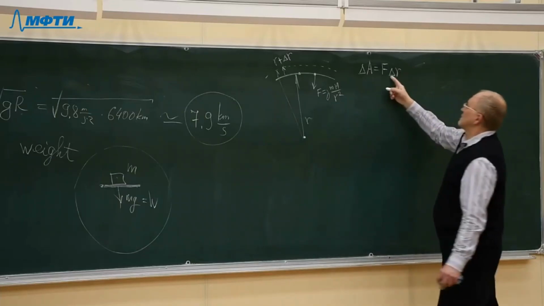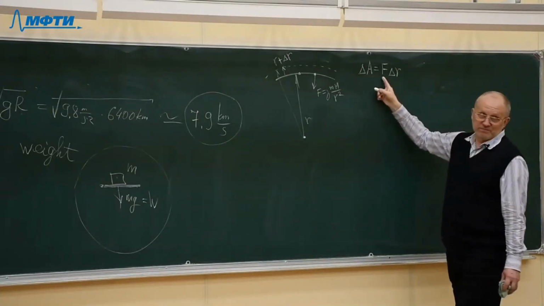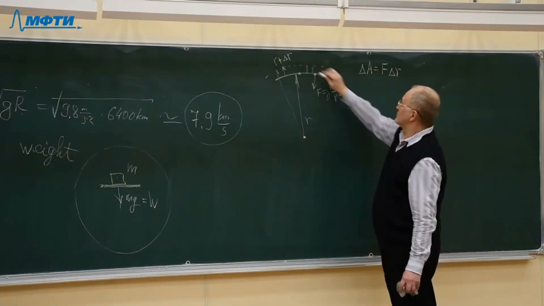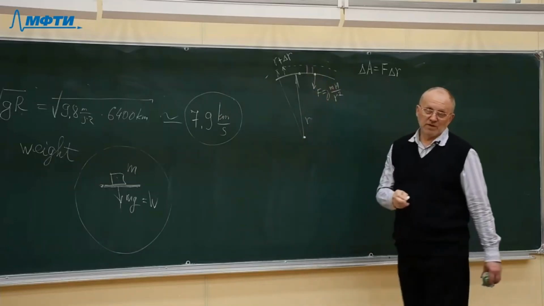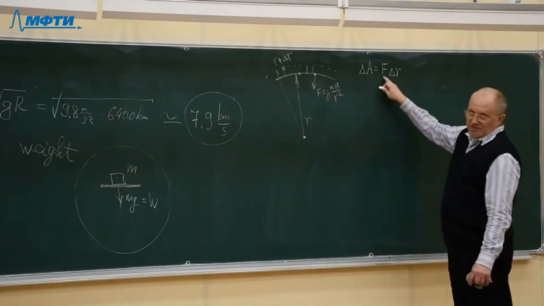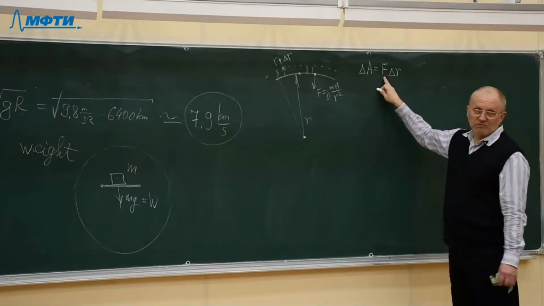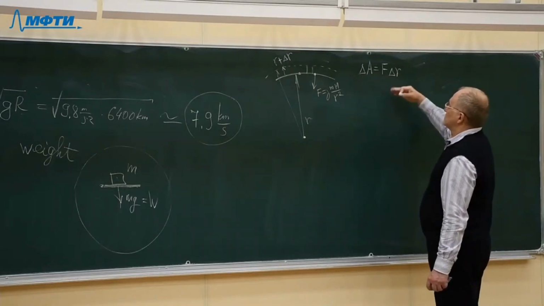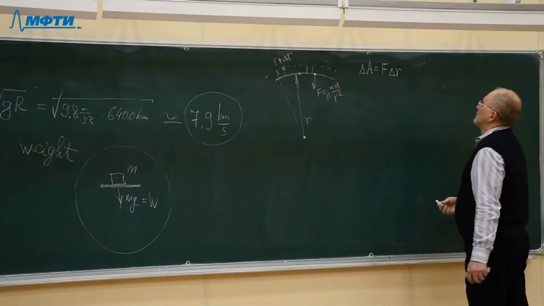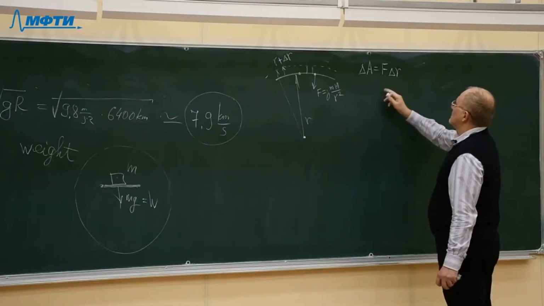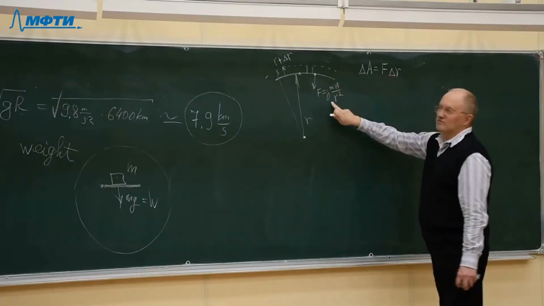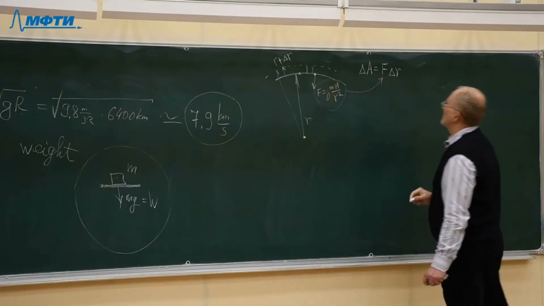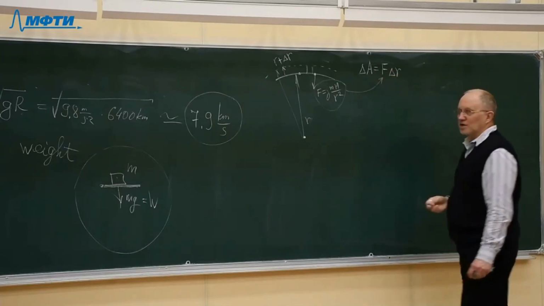We assume that the delta r is so small that F does not practically change when you move the body upward. On this distance, the force F remains practically the same. It changes certainly, but the change is very small. We can neglect it at first approximation. So the work performed to move the body upward can be calculated by this formula, where F is the force of universal gravitation. So this expression must be substituted for F here to calculate the work performed.